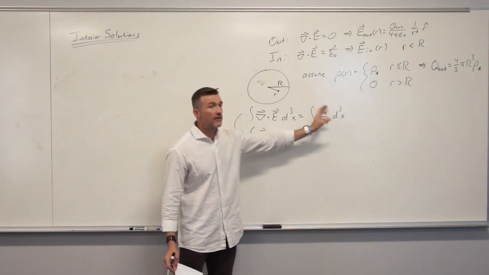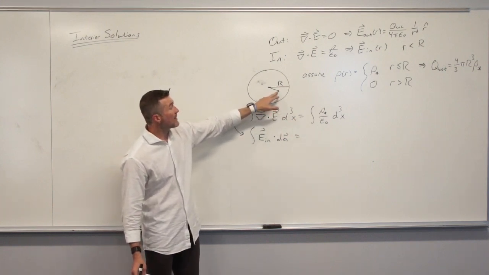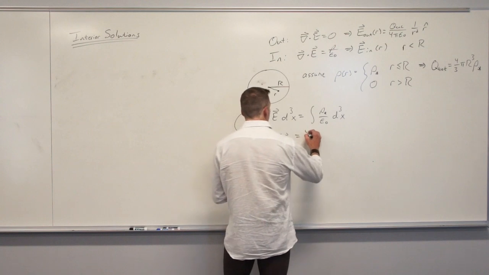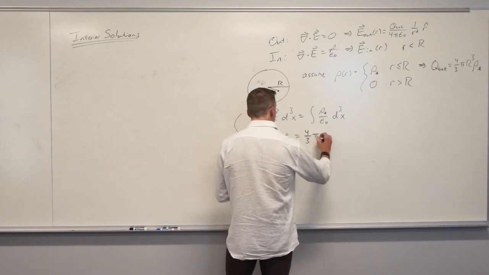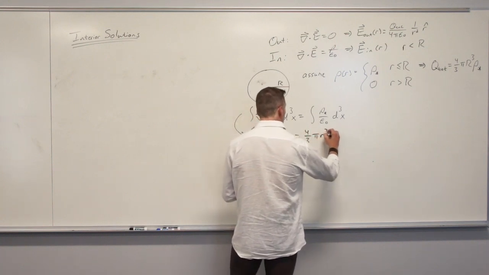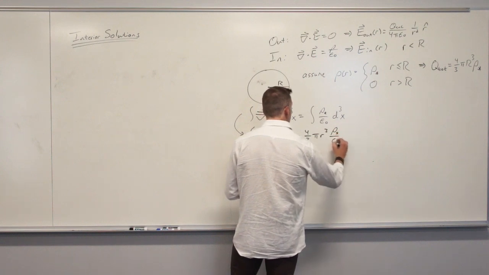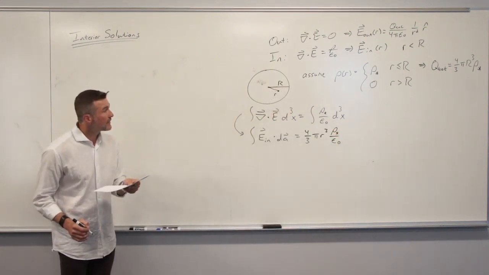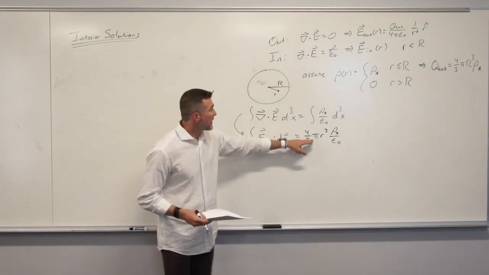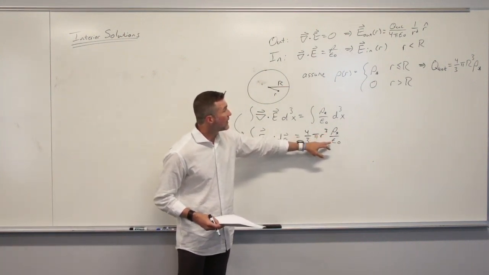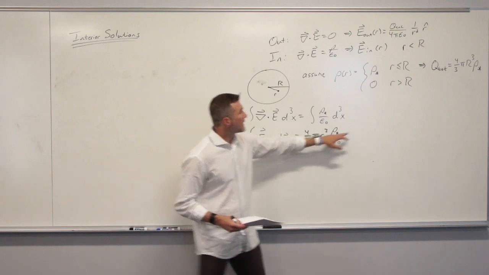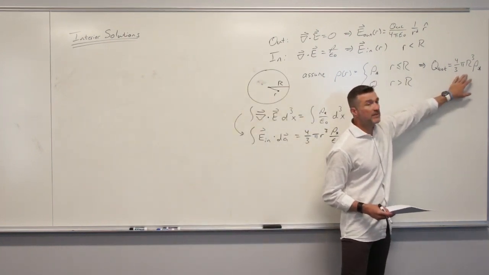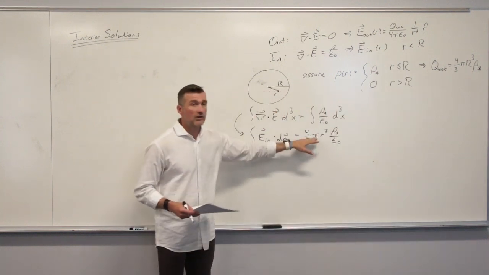So I'm integrating the volume, but I'm only integrating the volume out to the radius little r. So my volume is going to be 4/3 pi little r cubed times this constant factor. But 4/3 pi rho star starts to look a lot like this, except this is big R cubed and this is little r cubed.